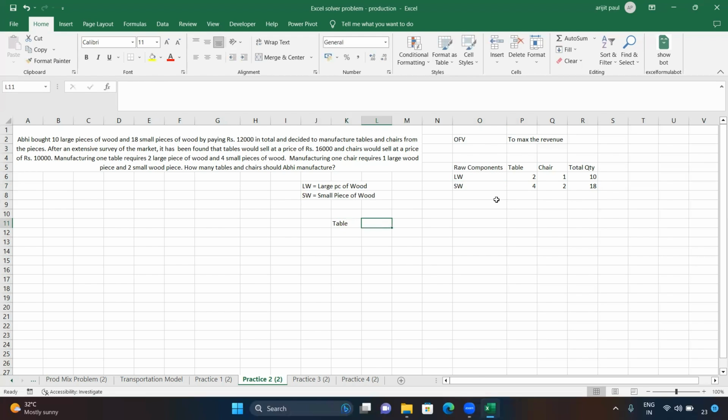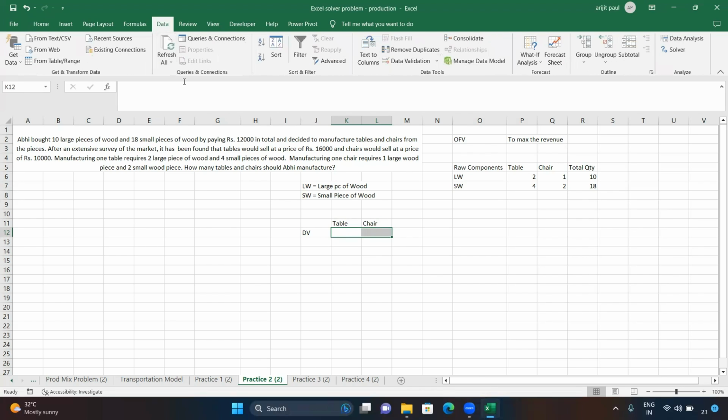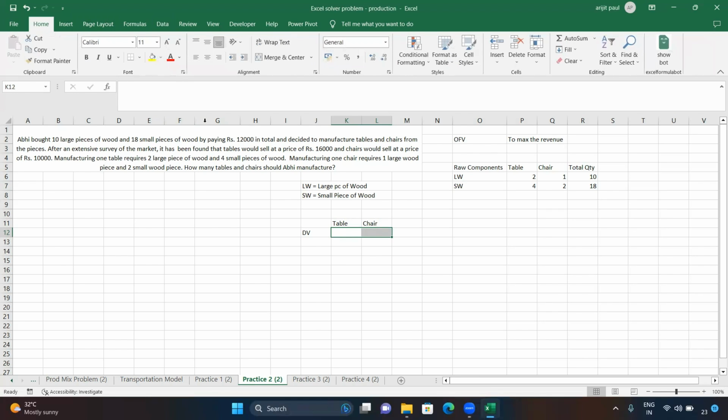So we need to find out, by using all of these statements, what is the optimum solution, or what is the quantity that we need to produce for table and chair. Okay, so that becomes our DV, decision variable. So this is our DV that we are going to find out by using the Excel solver.